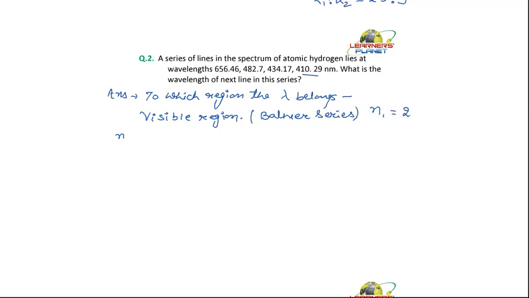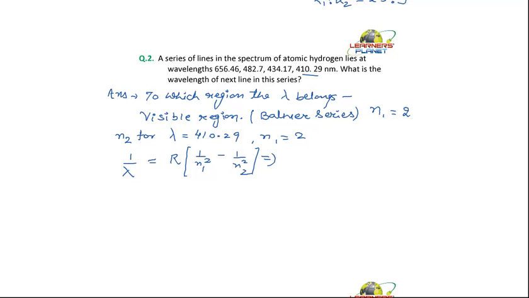So let's find out n2 for lambda equal to 410.29, and we know n1 for this. Now what formula will we apply, students? The wave number, that is 1 by lambda, is equal to R into 1 by n1 square minus 1 by n2 square.